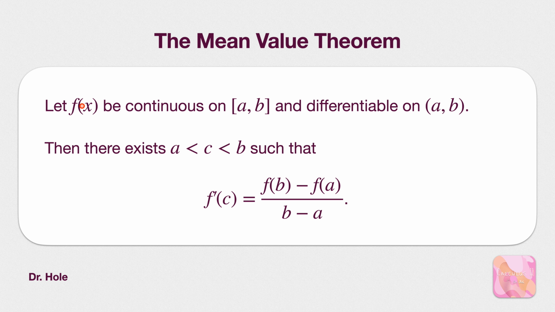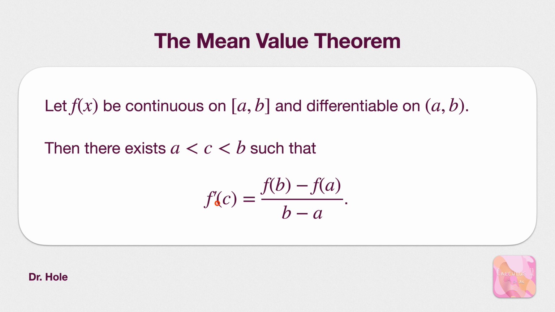If you have such a nice function, then there is a constant c in the open interval such that the derivative at c is equal to this quotient, which is the slope of the secant line.